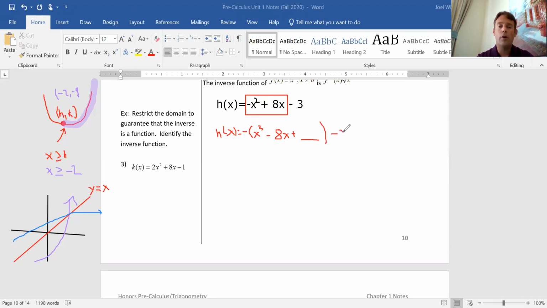And again, we're going to add something inside, so therefore on the outside, we are going to do the opposite. We're going to eventually subtract something. So we're going to go ahead and do our generic rectangle here, so we can actually complete the square.